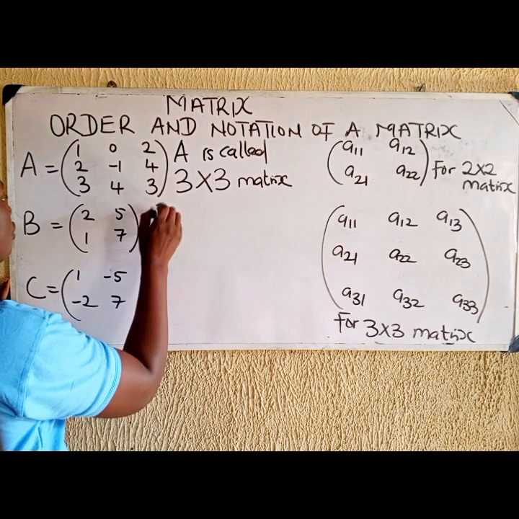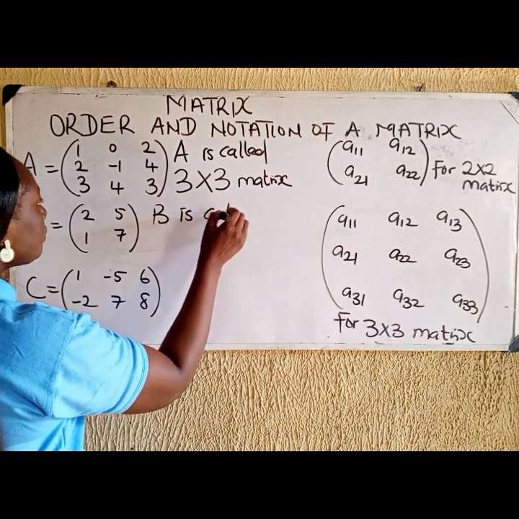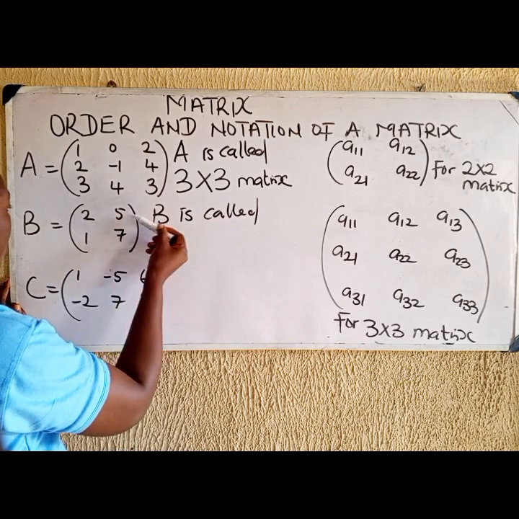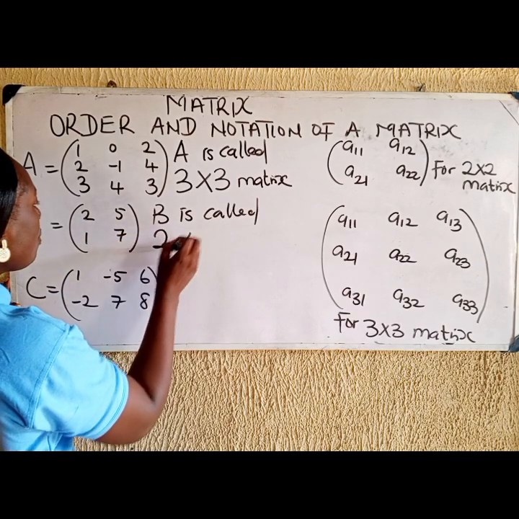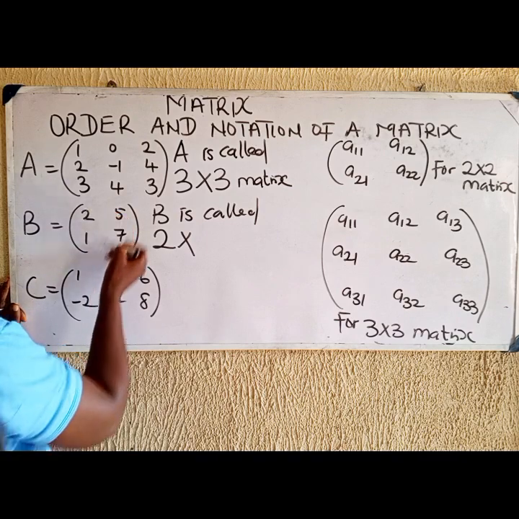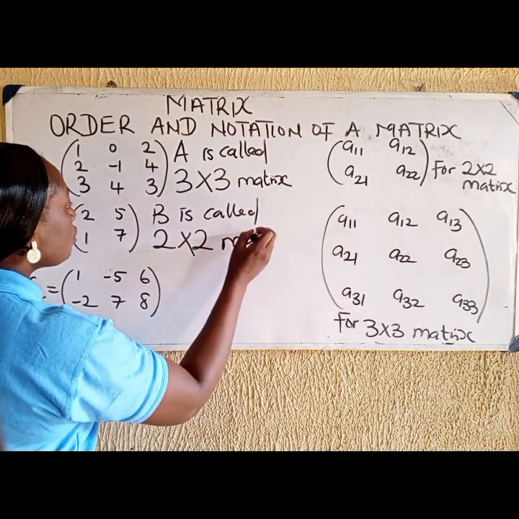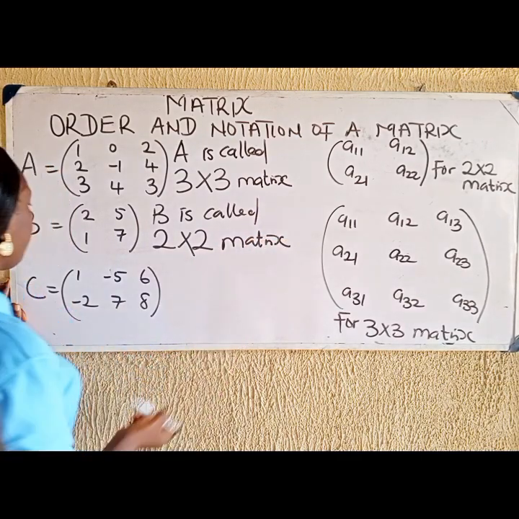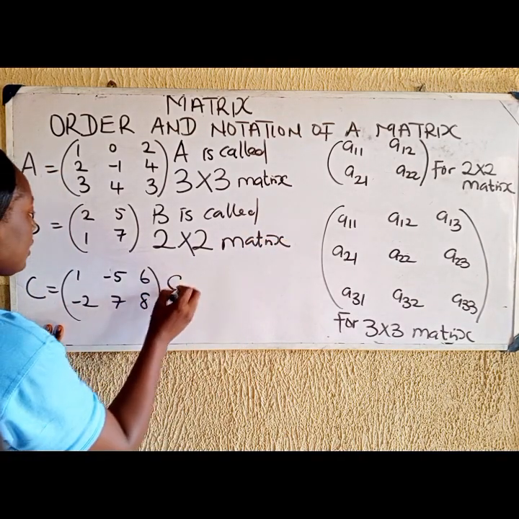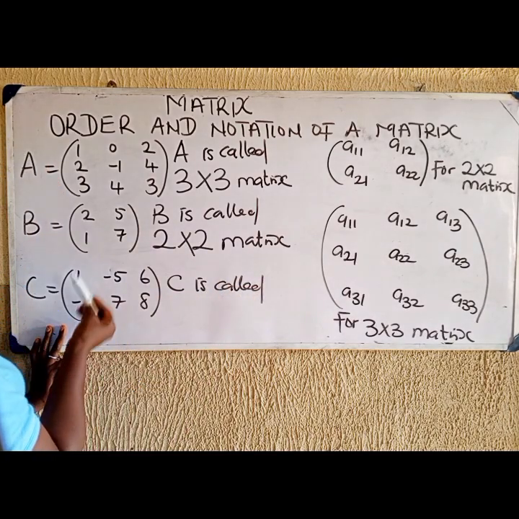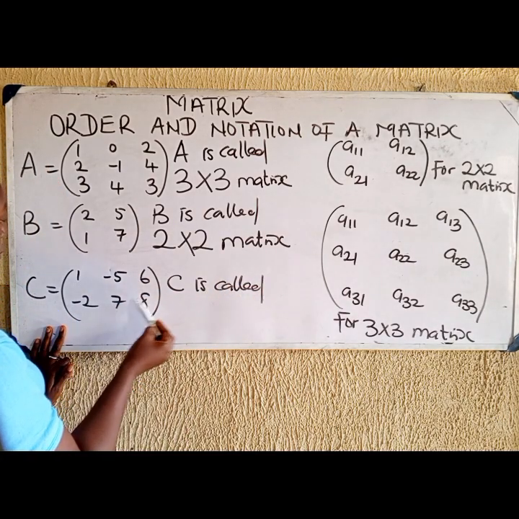Now B, matrix B is called, we count rows first. So 1, 2. 2 by columns 1, 2. So matrix B is called a 2 by 2 matrix. Now matrix C, we are counting rows first. 1, 2.